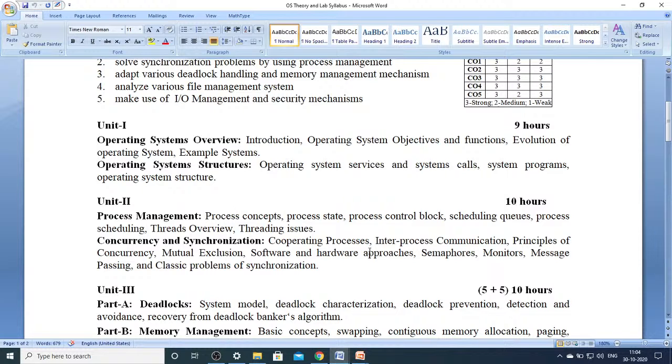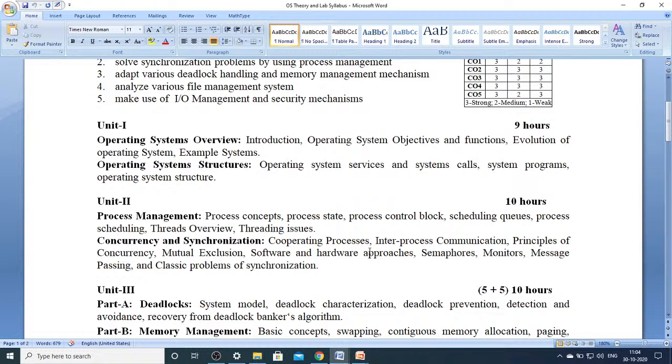For all these three, using semaphores and monitors, you should be aware of the pseudocode. I'm not asking you to remember the entire program, just the pseudocode. Compulsorily, pseudocode explanation is required for these three problems using semaphores or monitors.